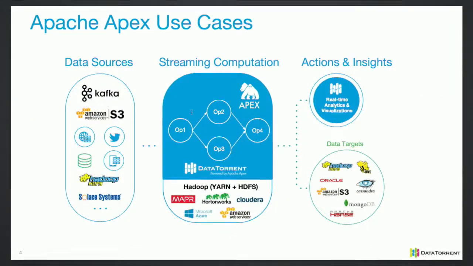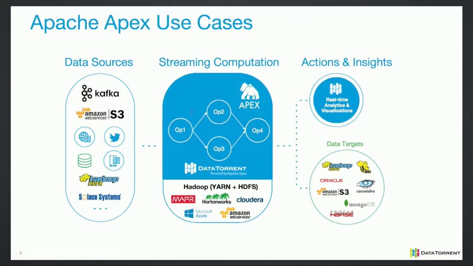So typical use case, what does it look like when Apex is running? Like what part of your ecosystem does it occupy? So it's what you see in the central blue box there. First, you have events coming from your data sources, such as Kafka, maybe Solus. You can have files on S3 or HDFS, pretty much anywhere.